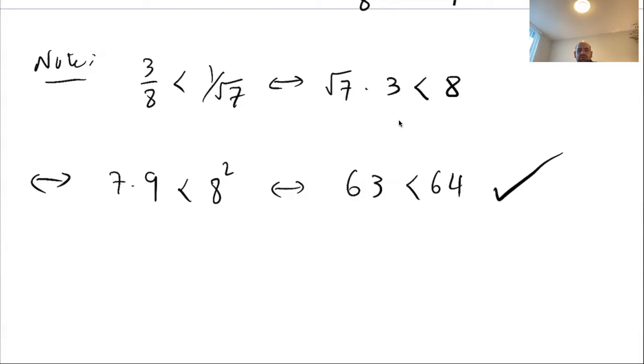This one is equivalent with this one, because in one direction I can multiply both sides by root 7 times 8, and in the other direction divide by that number. And then this one is equivalent with this one because a less than b is equivalent with a squared less than b squared as long as a and b are both positive.